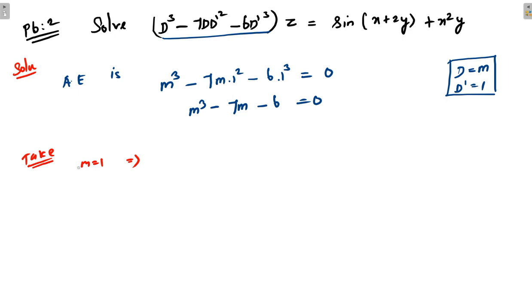So try to check. If you substitute, you get 1 cube is equal to 1 and 7 into 1 minus 6. So this term is not going to be 0. So from that you can say m is equal to 1 should not be a root of this equation. Again I am going to take m is equal to minus 1. So what happened?